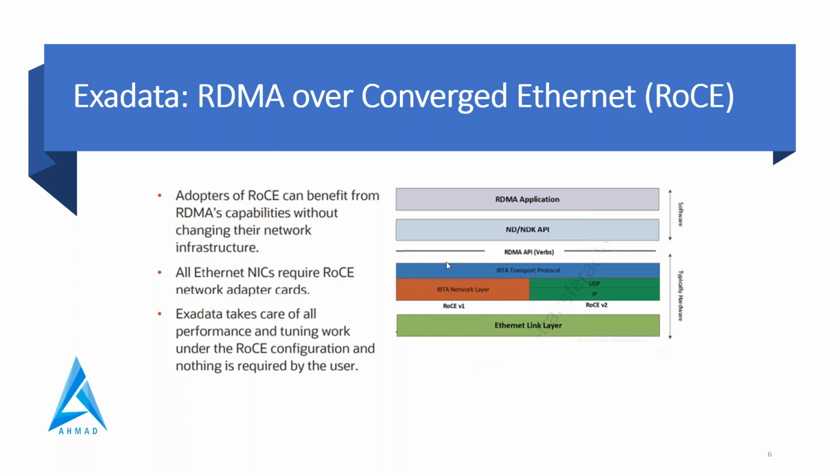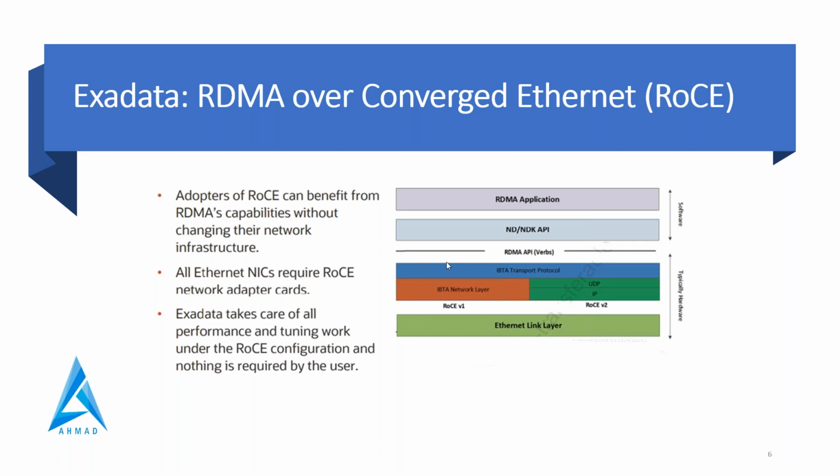So RoCE makes use of UDP encapsulation, allowing it to transcend layer 3 networks, and RDMA is a key capability natively used by the InfiniBand interconnect technology. Both InfiniBand and Ethernet RoCE share a common user API, but have different physical and link layers.